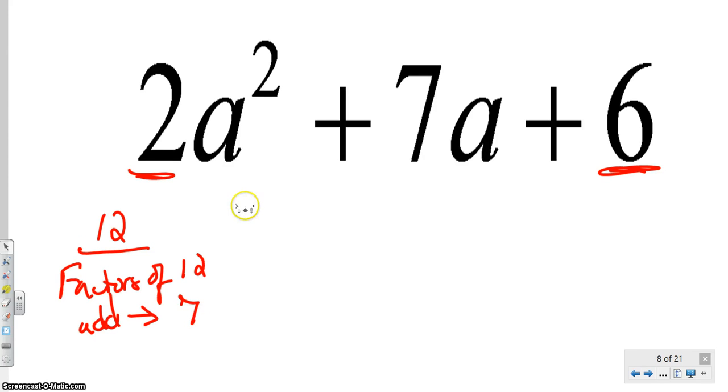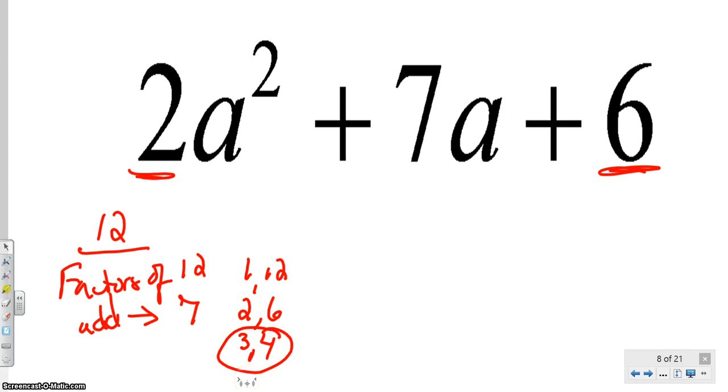All right, so the factors are what? 1 and 12, 2 and 6, 3 and 4. So if I add, that gives me 13, 8. This gives me 12. That gives me 7. So there's the ones I want.